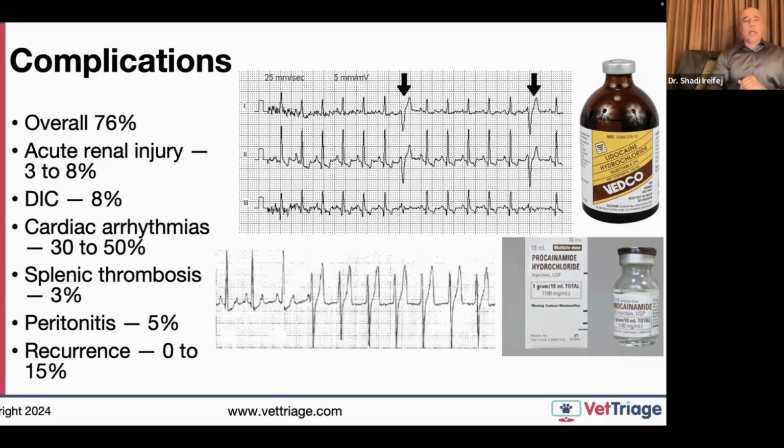In my own experience, what I've learned over time is I have 2 rules for when I'm going to treat a VPC or VPCs. One is the patient is being affected by it clinically. They've got pale gums, they're weak, shortness of breath, their pulses are weak, their pulses aren't synchronous with the heart. Syncope. Those are clinical signs of a dog that's affected by ventricular arrhythmias.